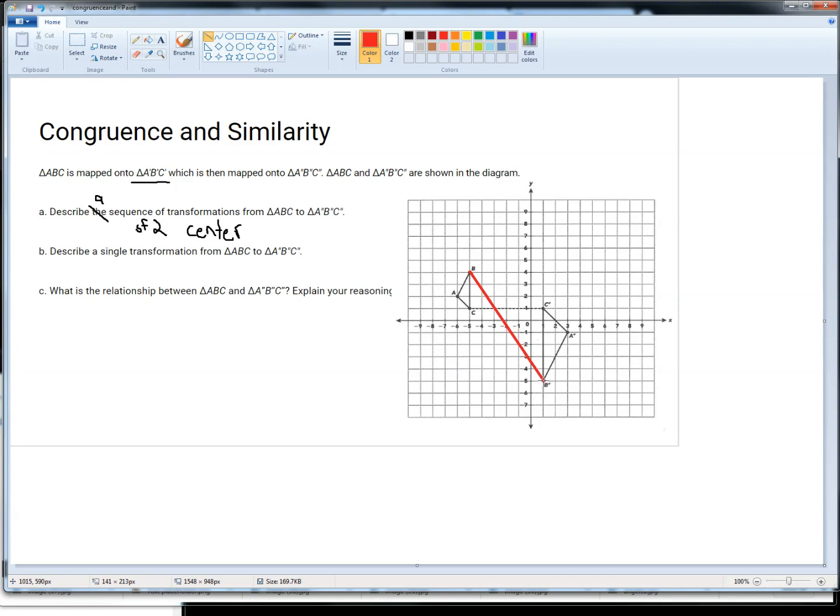You are going to connect your B to B prime and C to C prime. And A to A prime. So let's just do that. B to B prime, C to C prime, and A to A prime.